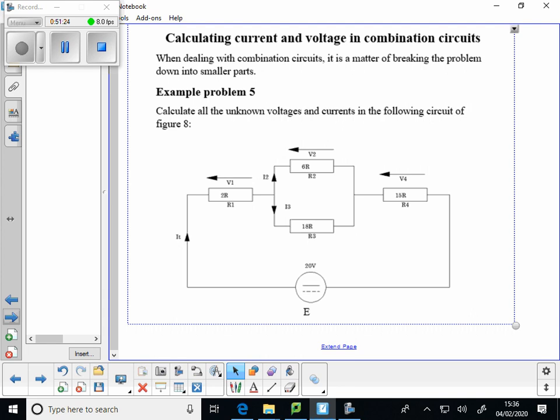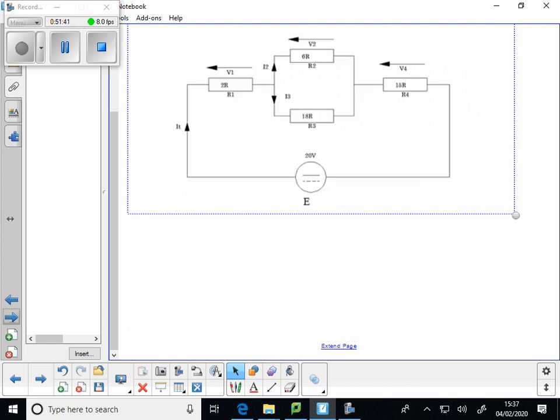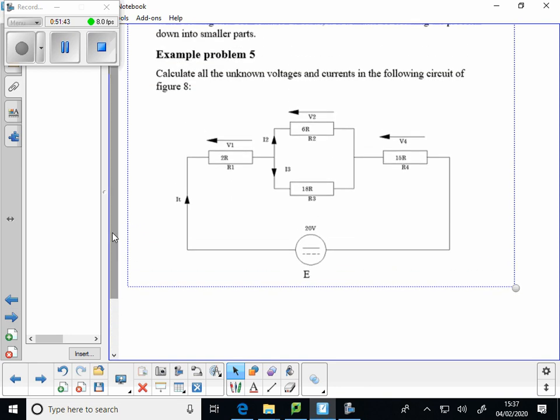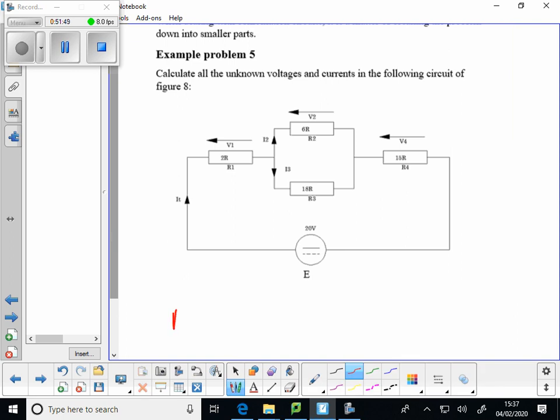And then when you've done that, and you're happy, or Jeff or I am happy with that, then you can get your practical kit out and take your measurements. So, where do we start with a circuit like this? Total resistance. Can we do that all in one go?